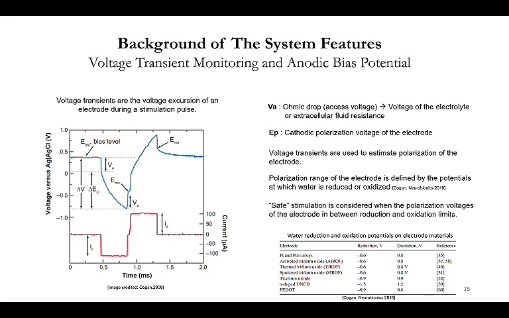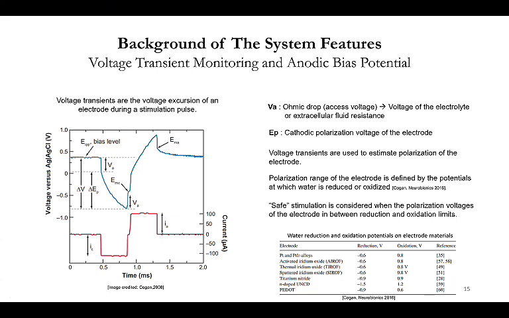So based on the examination of this blue signal shape, we will check the water window limit. For example, if our electrode is iridium oxide, in the table, the water window limit for iridium oxide is between minus 0.6 volt and plus 0.8 volt.